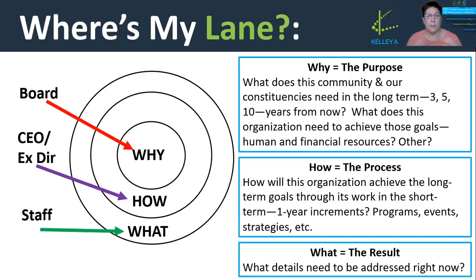So sometimes it's the board members that aren't clear about these divisions, but also sometimes it's the staff members that don't understand who's in charge at these particular things, who has the authority to make the decision. So it's a matter of educating your board members about this, perhaps during an onboarding process, but it's also about educating your staff members so that everybody is clear about who's the boss in these different situations.